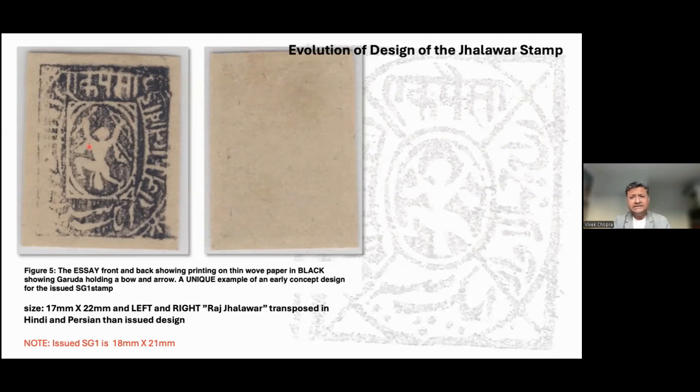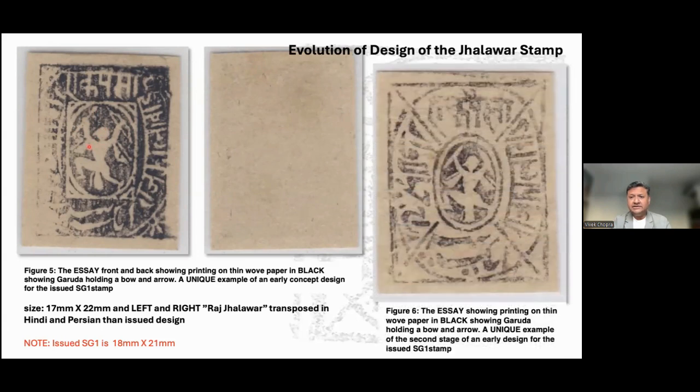And then over the years, I also acquired another proof, which you see here. So the first one is on a thin wove paper. But this one is again on a thin wove paper, but you see that the design is slightly more refined, right?